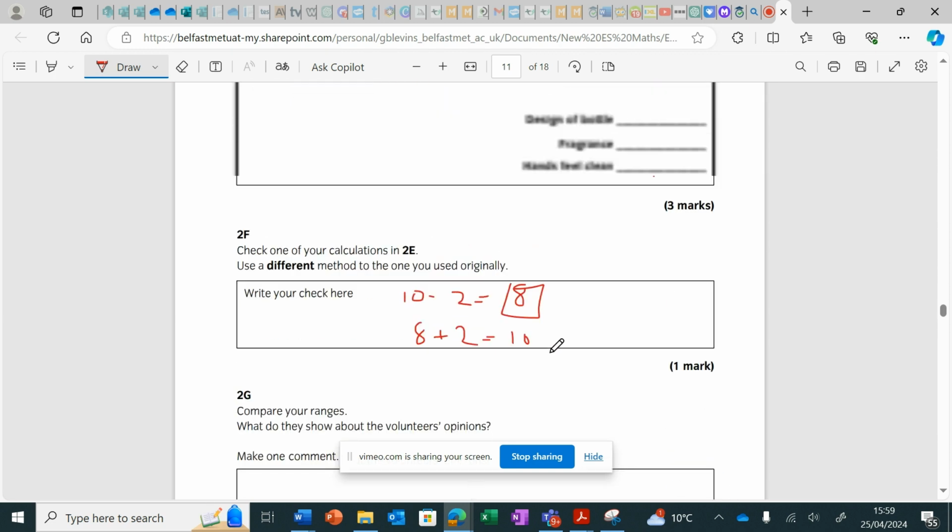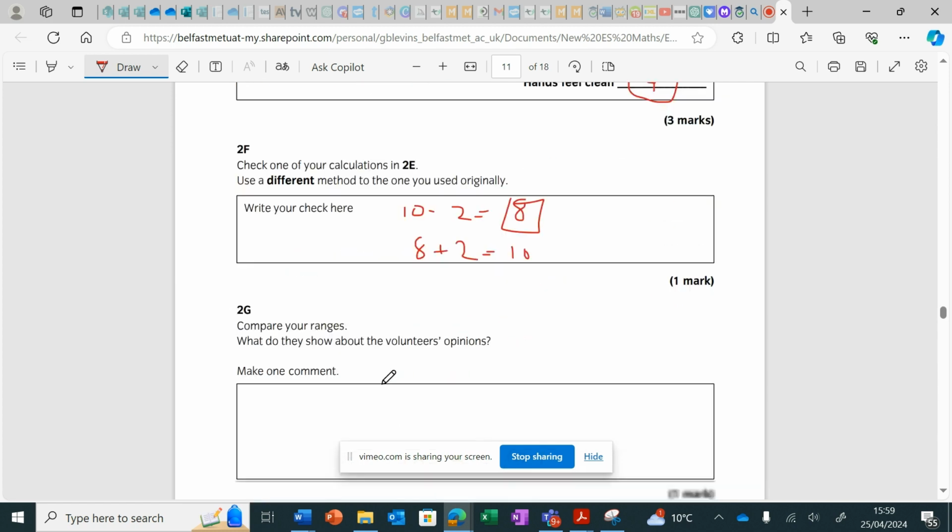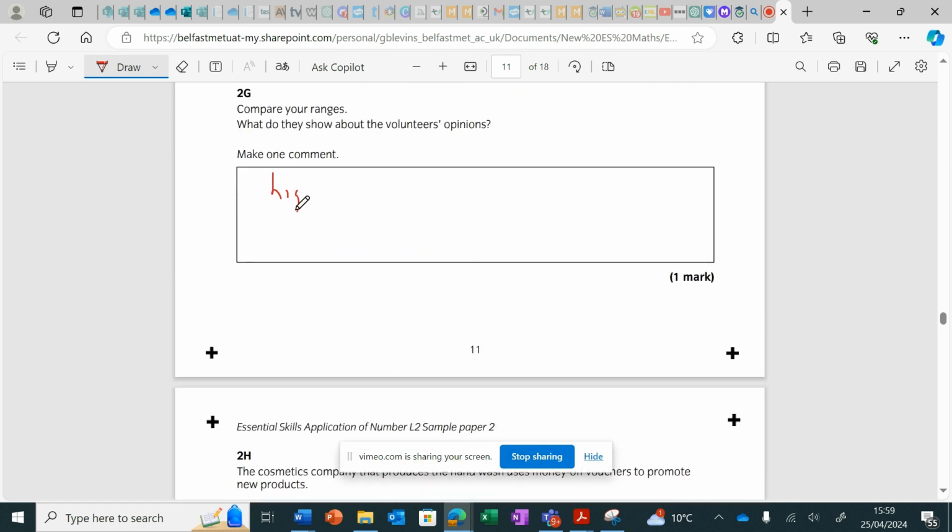Compare your ranges. What does this show about volunteers' opinions? Well, it shows that fragrance was the highest range. High range means opinions are inconsistent. So people's opinions were very up and down, all over the place about it.